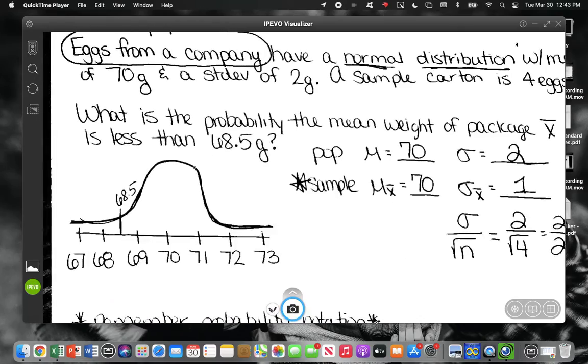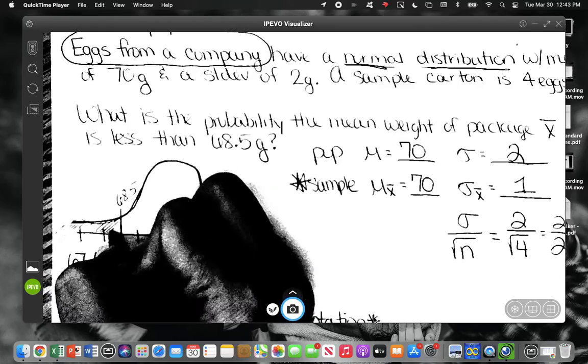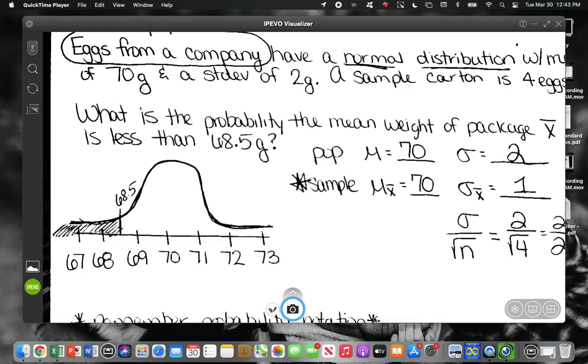Which way am I going to shade if I'm talking about less than? Left or right? We're shading to the left. I want to know the probability that if I get a carton of eggs at random, these small packages of 4, the average is going to be less than 68.5.